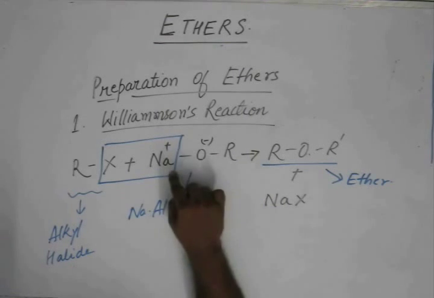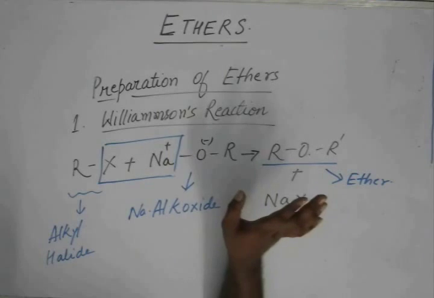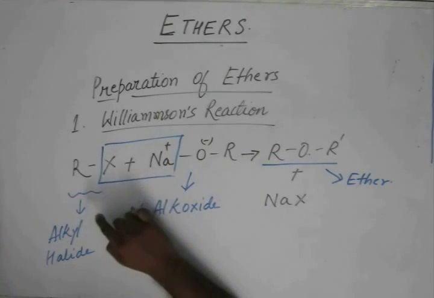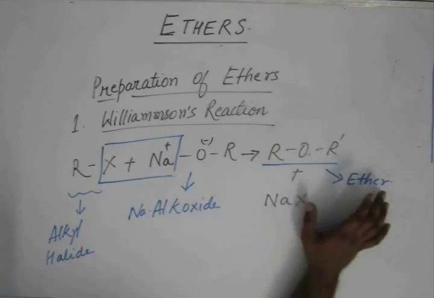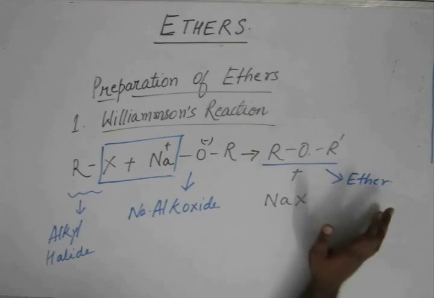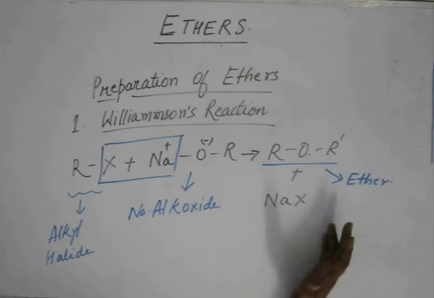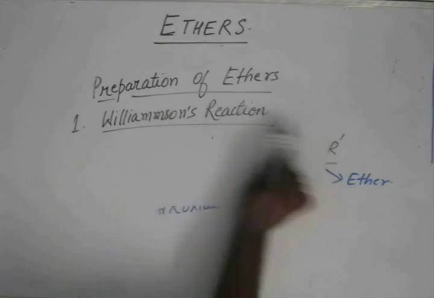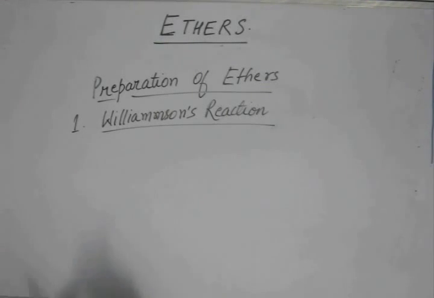When ROH reacts with Na, we have RONa plus half H2 liberated. We have seen these reactions earlier. So when an alkyl halide reacts with a sodium alkoxide, we are left with an ether, plus the sodium salt. Alright, so let's take up a specific example first, then we'll move on to the mechanism.